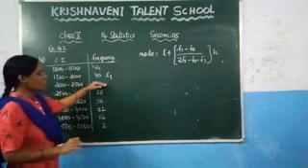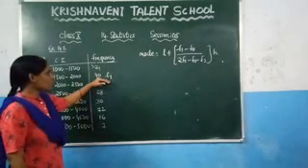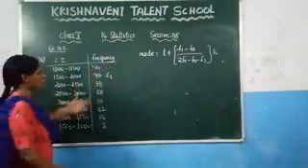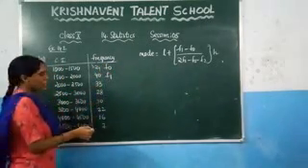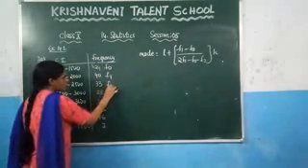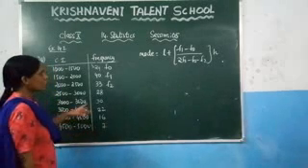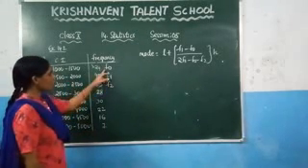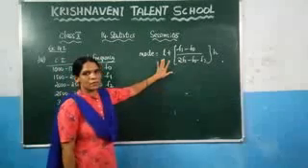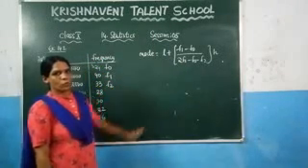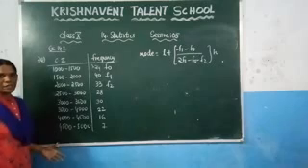Now F0 is nothing but the preceding frequency. We call it F0. So what is the preceding value before it? And the succeeding frequency is F2. Now you know the values of F1, F0 and F2, and you need to know the value of L, which is nothing but the lower boundary of the modal class. What is the modal class in this case?